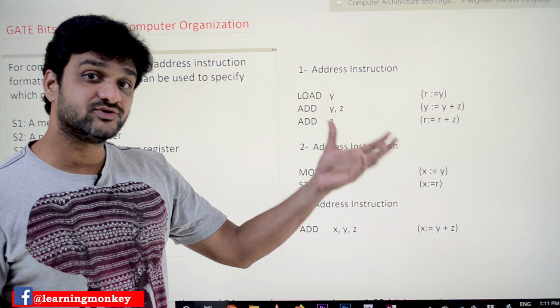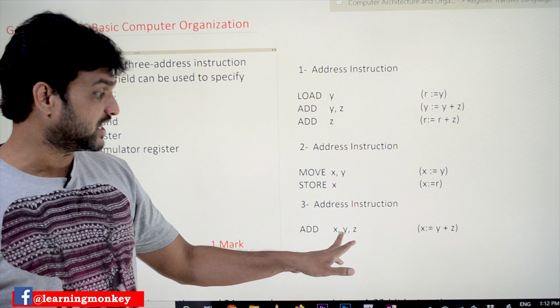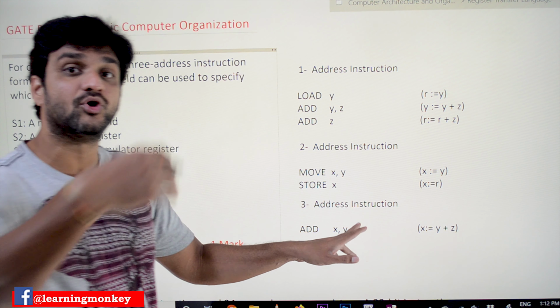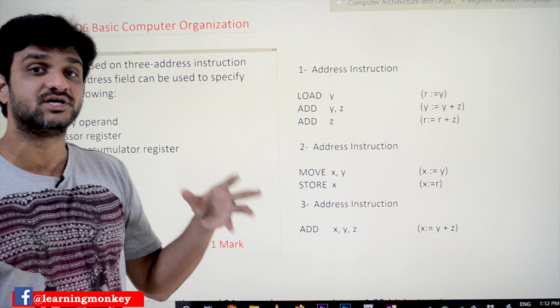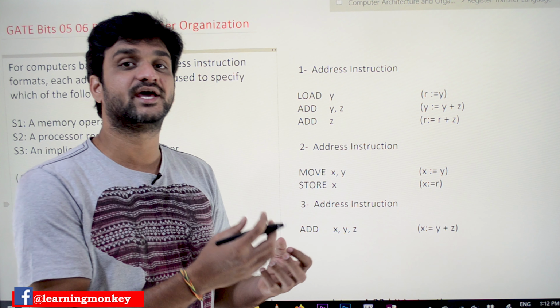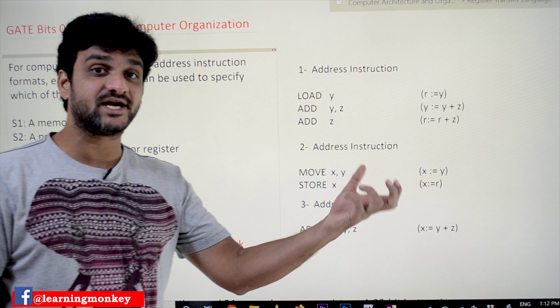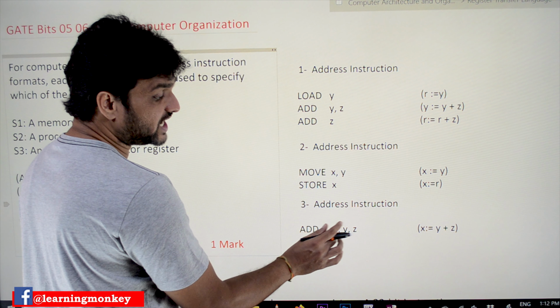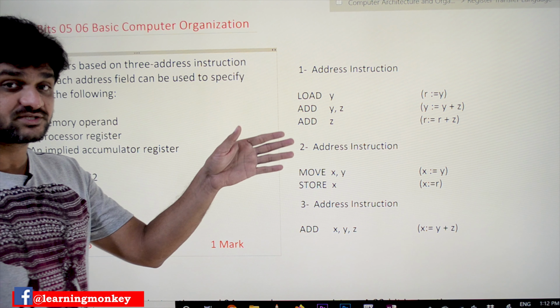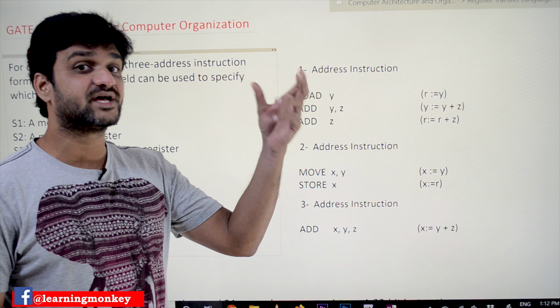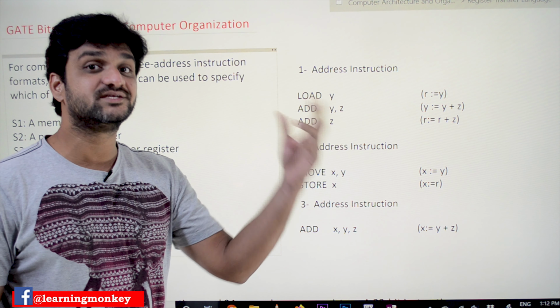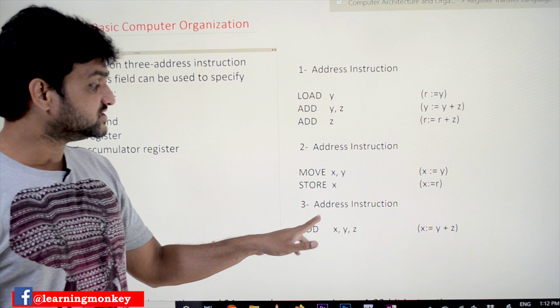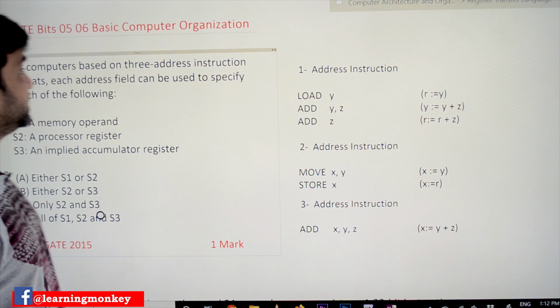Both the operand addresses are present, and going to those addresses we can fetch the values and add them, and the added value will go into the 3rd address position. These addresses can be memory addresses or processor register addresses. So this is how the 3 address instruction will be.